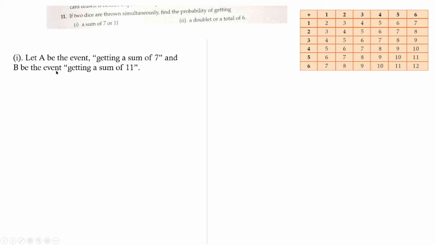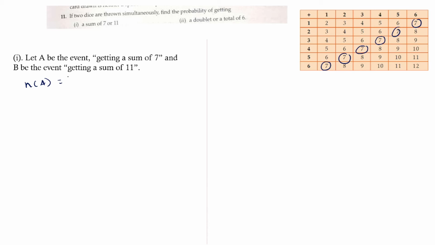So let A be the event getting a sum of 7 and let B be the event getting a sum of 11. n of A will be: we get 7 in all these cases: 1,6, then 2,5, then 3,4, then 4,3, 5,2 and 6,1.